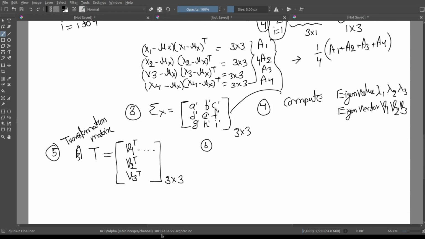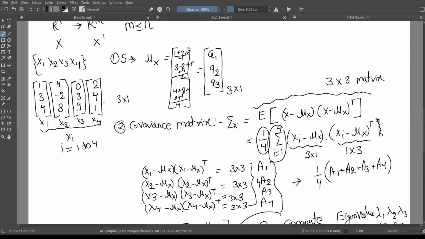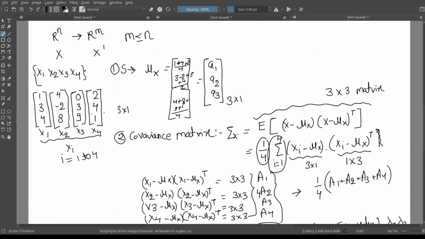Now the sixth step is to apply this transformation matrix to the vectors of the original vector set x. Why do I say original matrix? You can assume these 4 vectors as an image also.